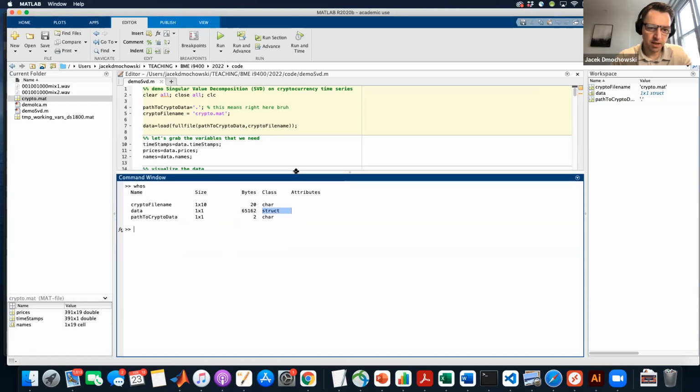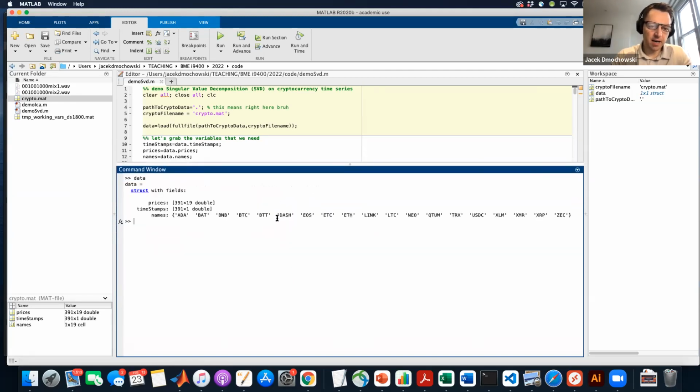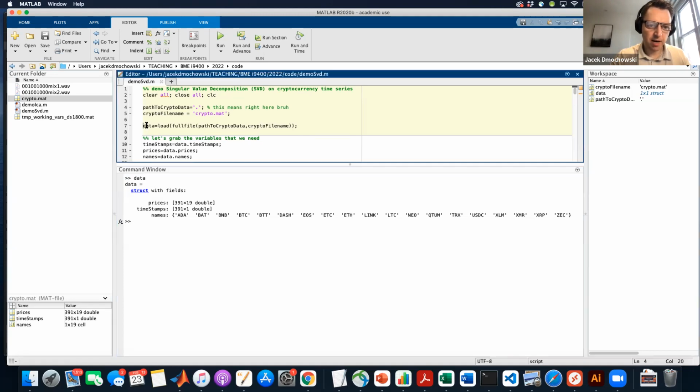I'm going to scroll up a bit and type in data, enter, and MATLAB tells you what fields are in my struct. A struct is a higher level data structure in MATLAB that lets you store different types of data in one meta structure. I created it by loading in this mat file, crypto.mat.